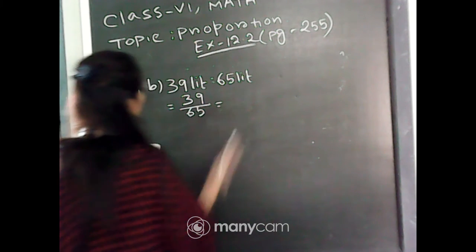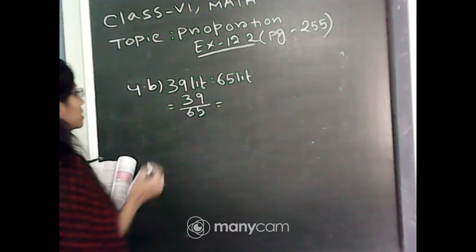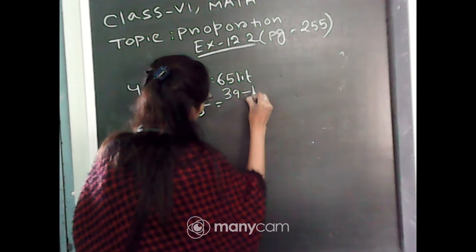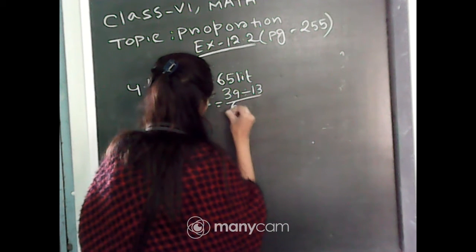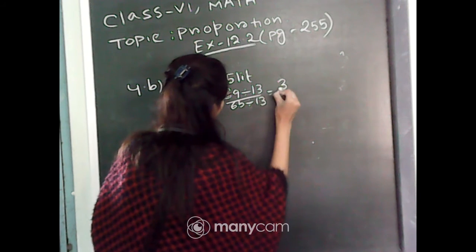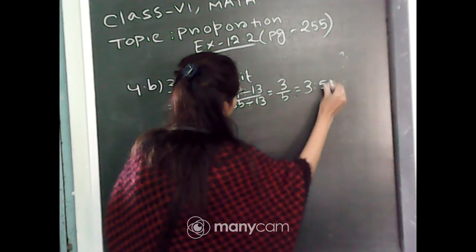Now HCF of 39 and 65 is 13. Therefore, to get the simplest form, we divide both the numerator and the denominator by 13, and we get 3 divided by 5, that is 3:5.